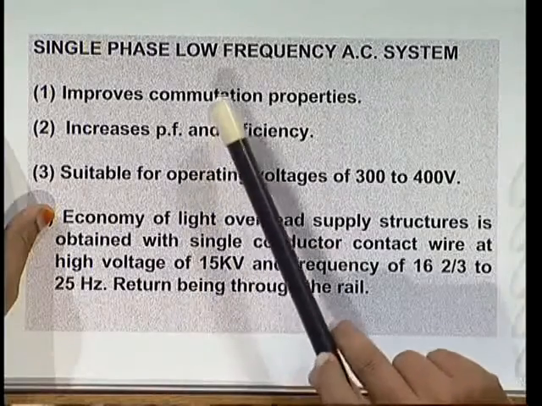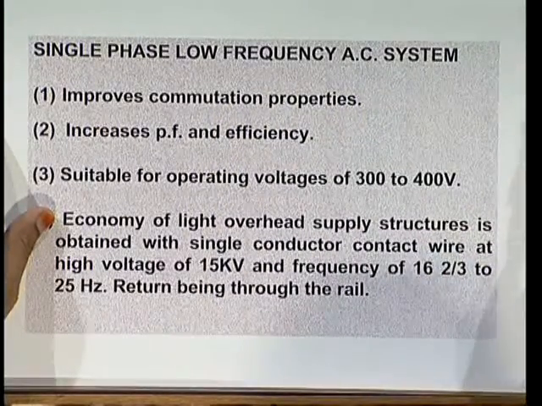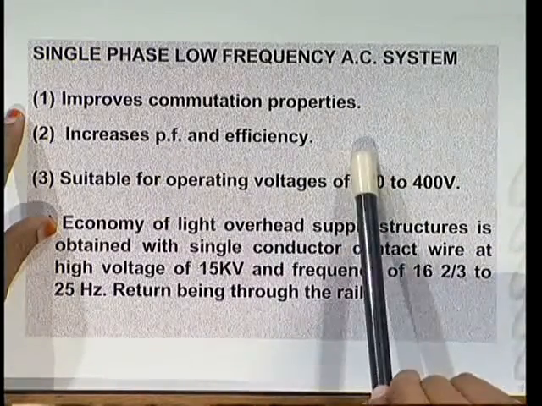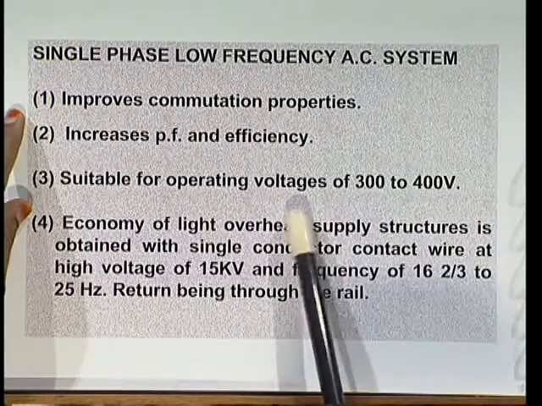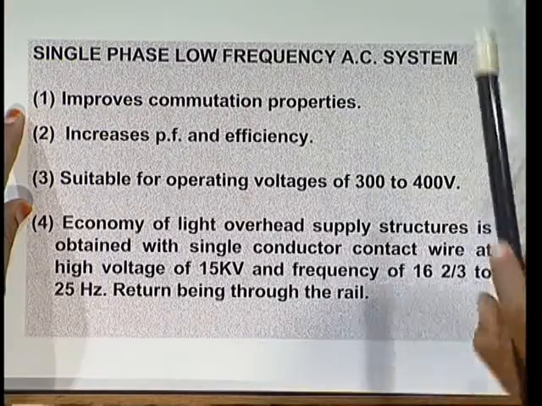The single phase low frequency AC system has many advantages. It improves the commutation properties, it increases the power factor and efficiency, and it is suitable for operating voltages of 300 to 400 volts.